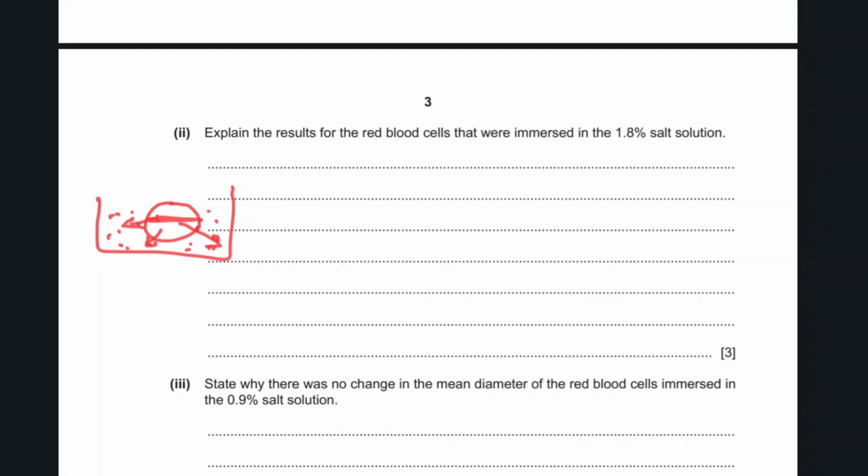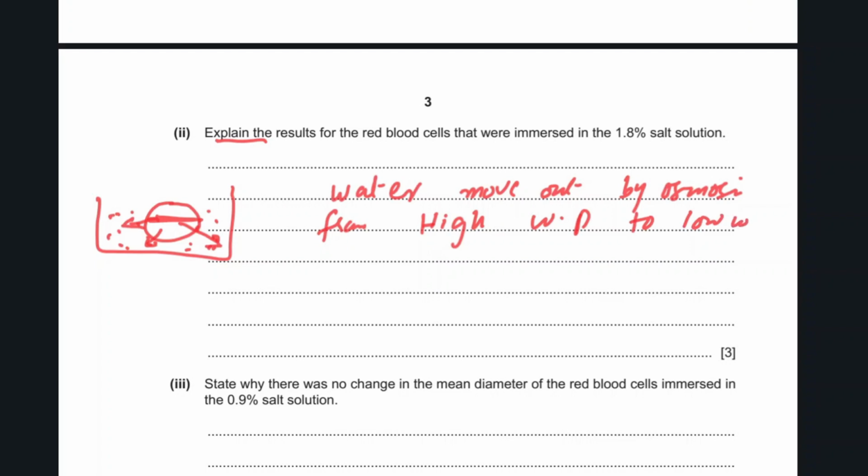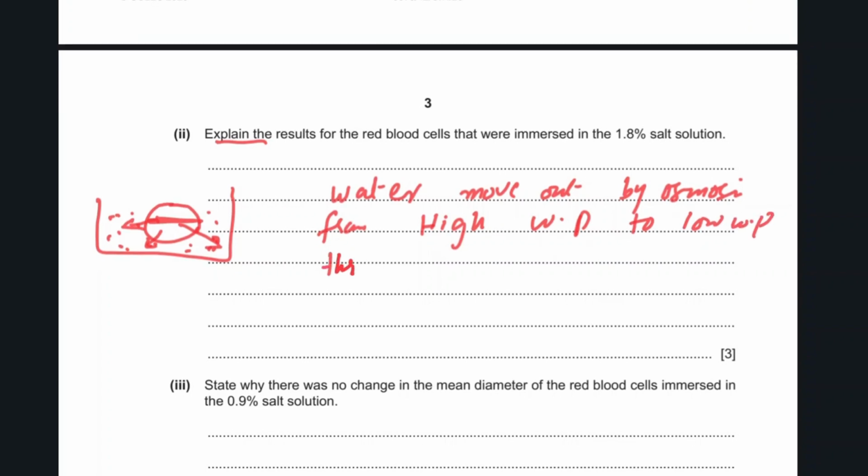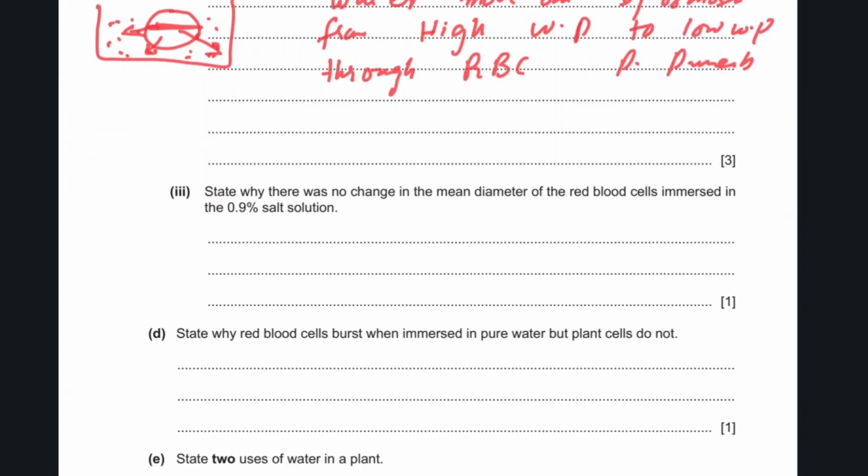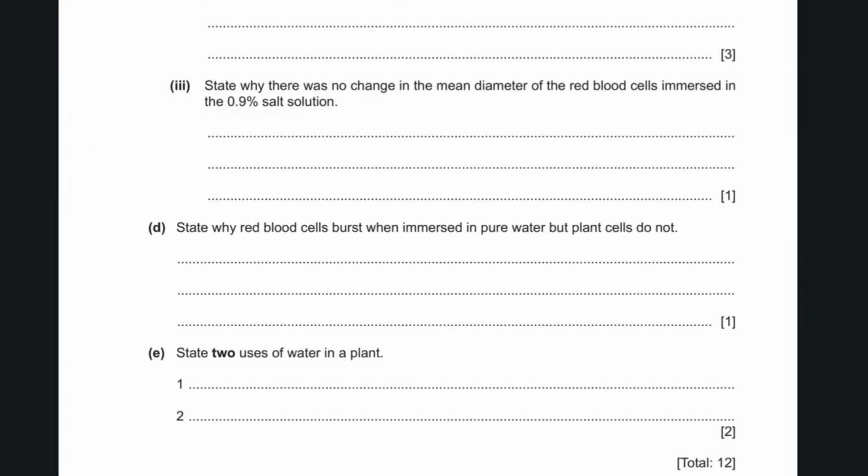So the reason is that water moves out by osmosis, from high water potential to low water potential, through the RBC partially permeable membrane. Clear? This is how this 3 marks question will be answered, and you can achieve the 3 marks.